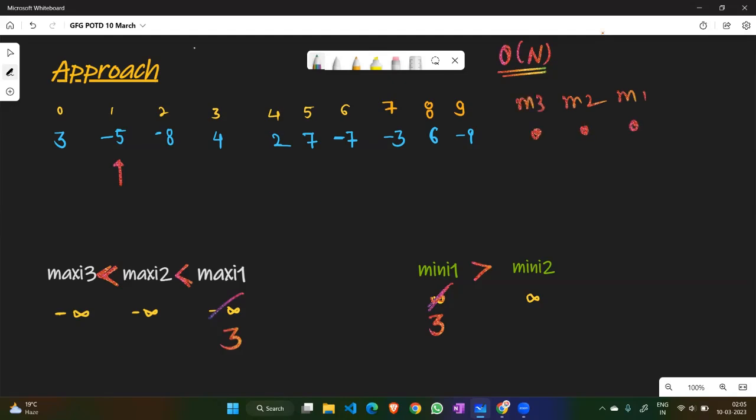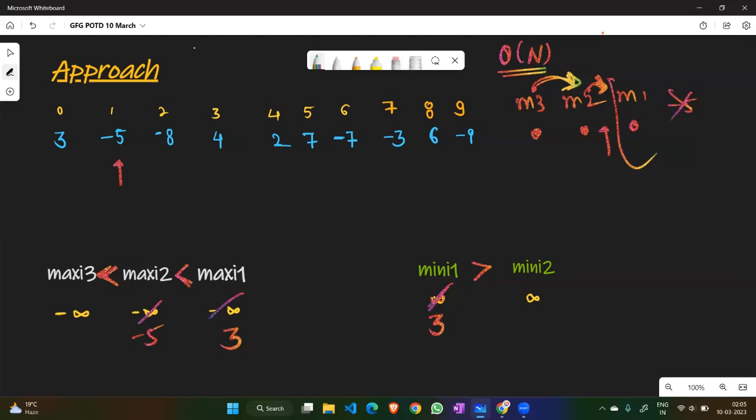Minus 5 is not greater than maximum 1. So we will not touch this. Now minus 5 is greater than maximum 2. Yes. Since it is greater than maximum 2, M3 will take the value of M2. That is M3, you should take the value of M2. And M2, you should take this greater number. So M2 will take this minus 5 and M3 will take the minus infinite of this.